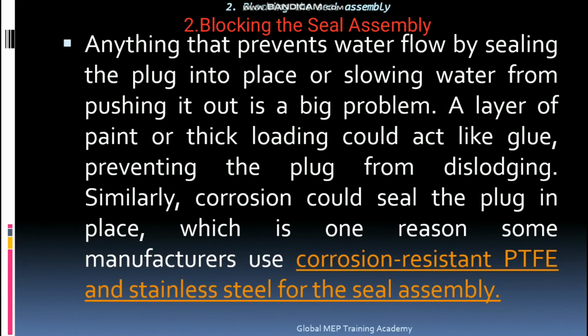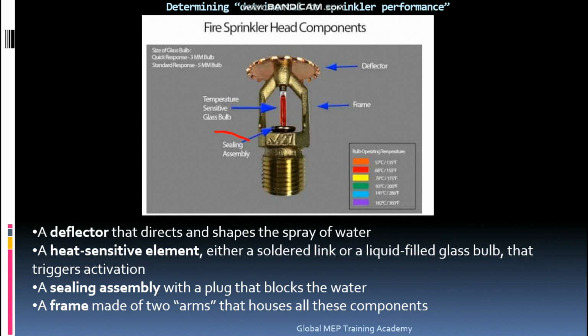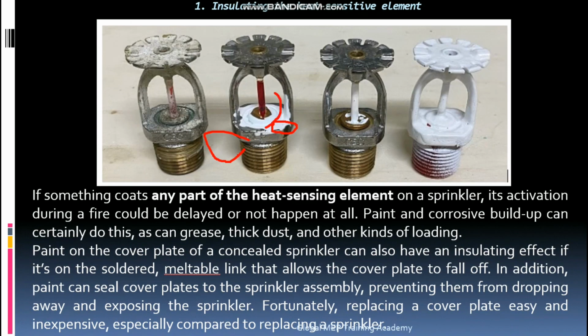The second one is blocking the seal assembly. If paint or dust blocks the sealing assembly, again it will affect the performance. What I mean here is, at this point, the sealing assembly, if anything blocks it, like what we saw here, like paint or some type of arrangement like this, it will affect the sprinkler performance.